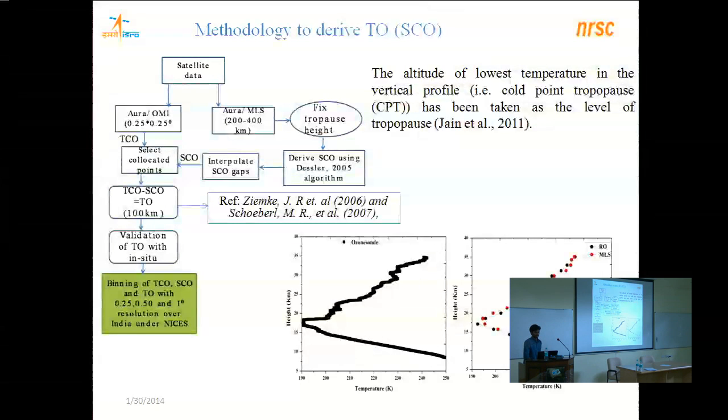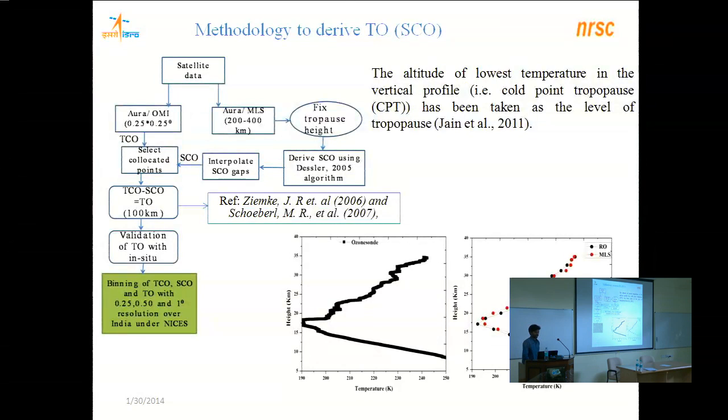MLS is broad in spectral and spatial resolution, so in order to collocate the points with OMI, I interpolated the stratospheric columnar ozone gaps. From the total columnar ozone from OMI, I calculated stratospheric columnar ozone. The difference between TCO and SCO gives tropospheric columnar ozone with 100 kilometer resolution.